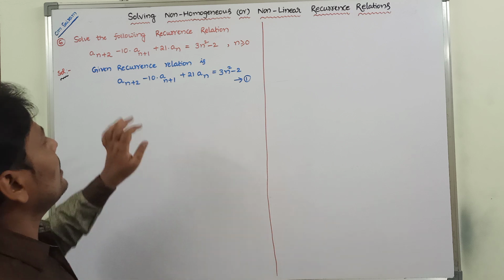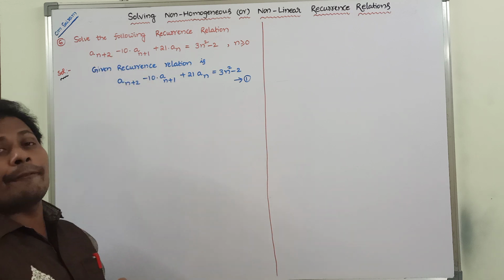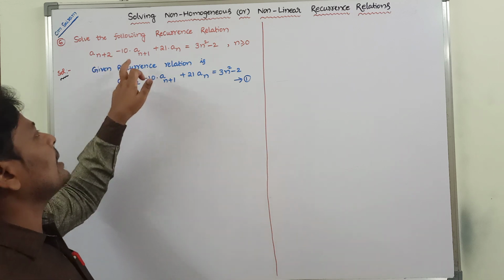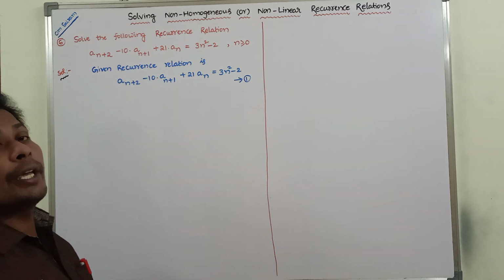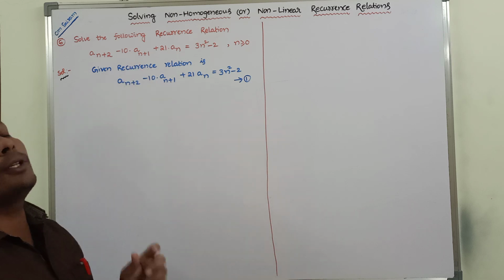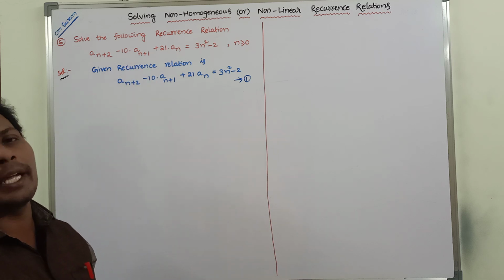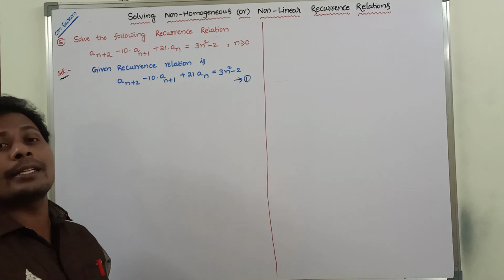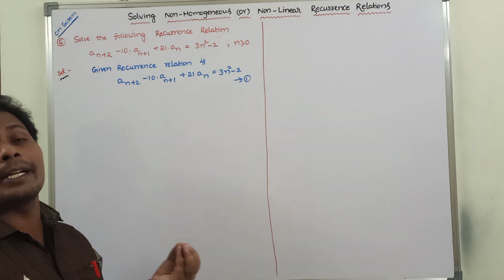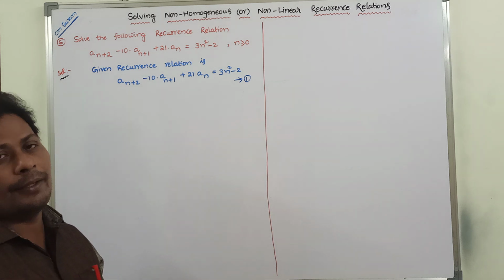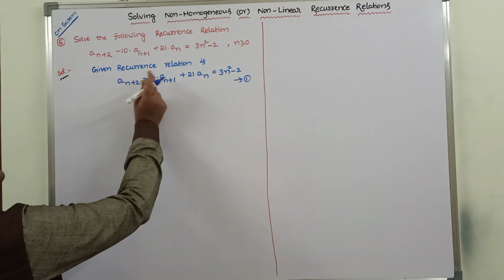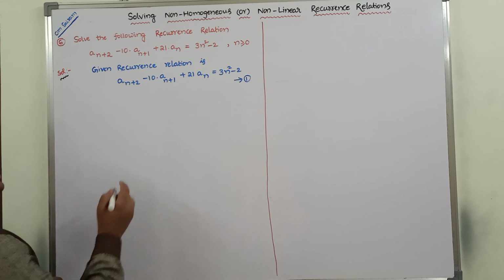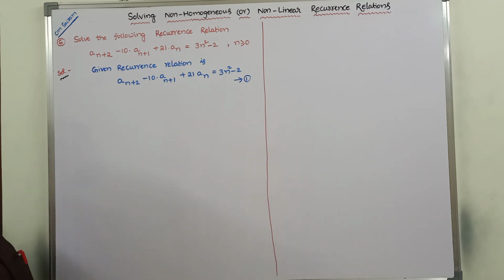Next, the left hand side is not in the standard form, so first we have to convert it into standard form. Then we can say whether this recurrence relation is a second order recurrence relation or not. Before going to that, this is the given recurrence relation, equation 1.